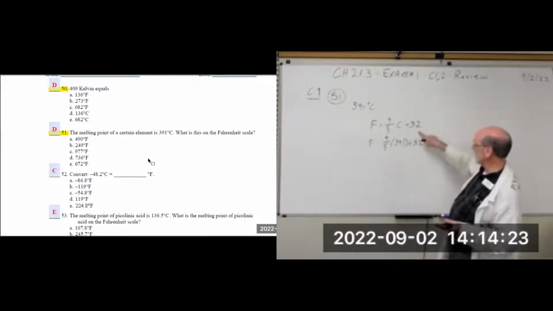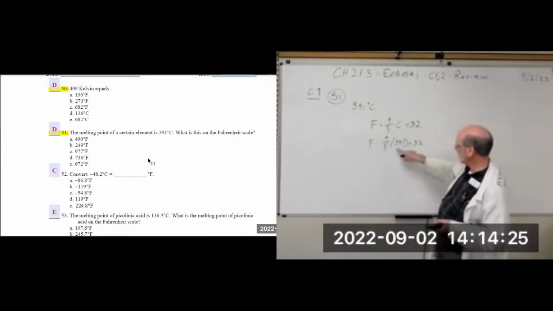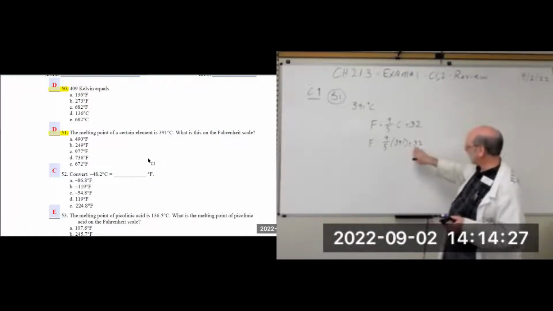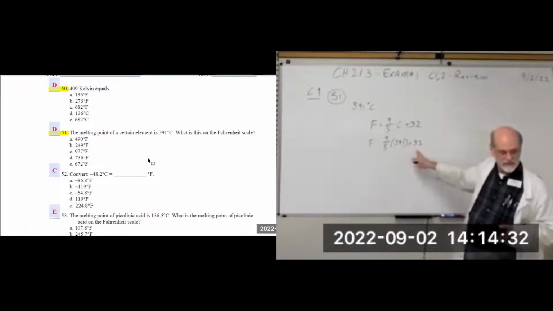And this is an exact number. So when we add this to that calculation, this doesn't limit the number of decimals.